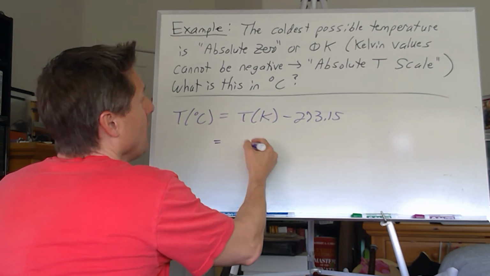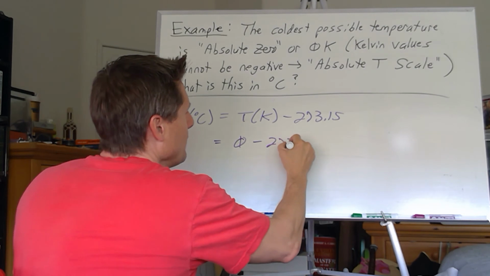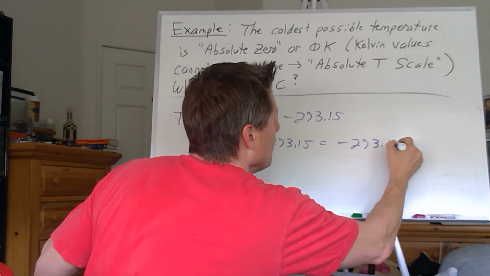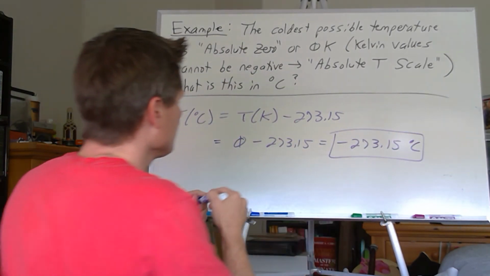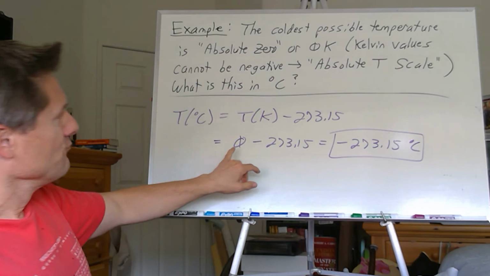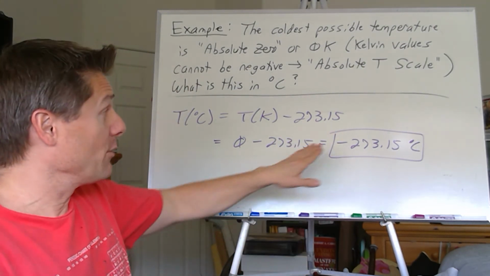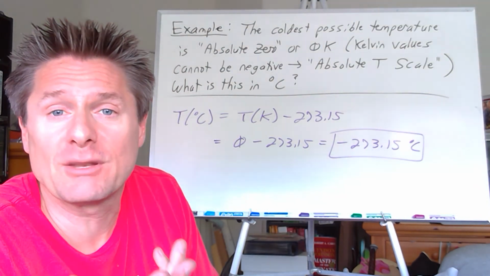So let's plug in our Kelvin value, which is 0 minus 273.15 equals negative 273.15 degrees Celsius. This is exact, so there's really no uncertainty to track. But that gives you a rough idea of the coldest it could possibly get.